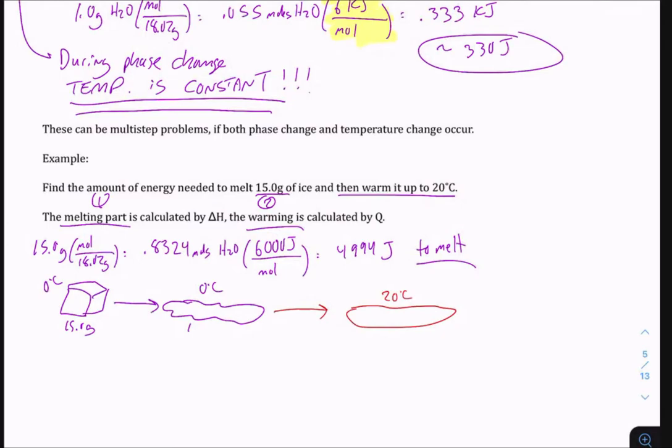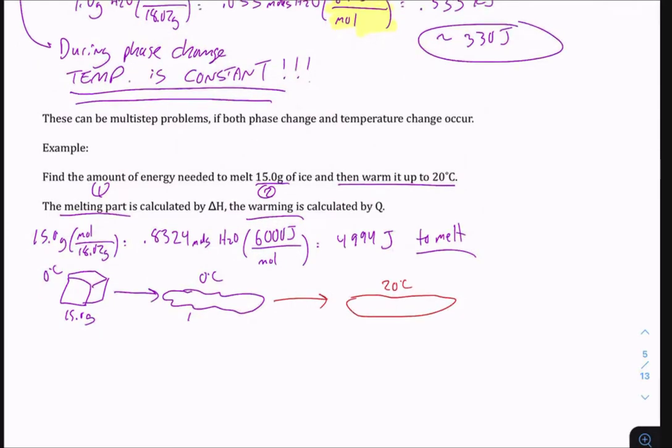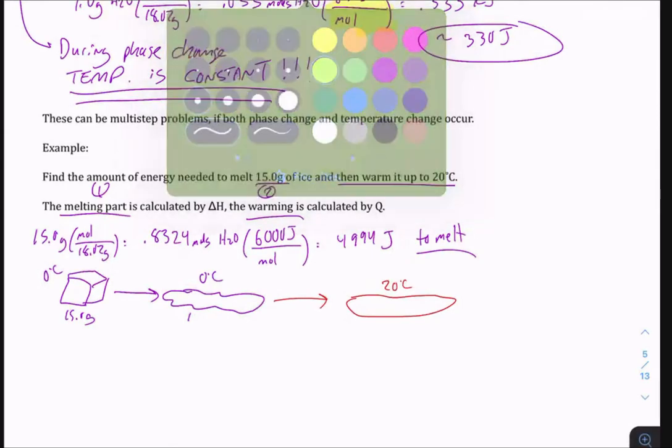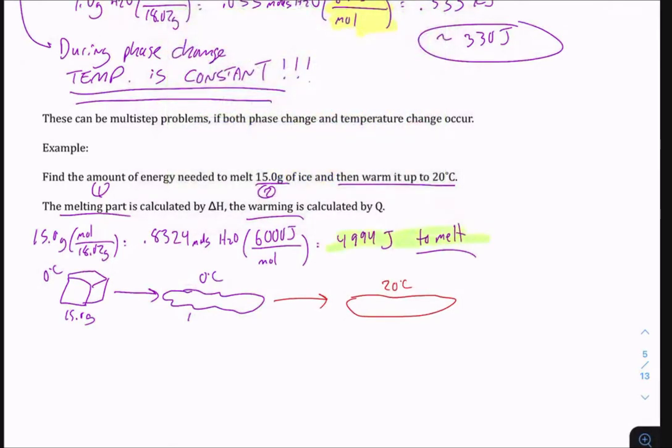If you remember from last week, there's an equation which allows us to calculate how much energy is needed when there's a change in temperature involved. What equation am I talking about? Yeah, Q equals MC delta T. If we were to color code this, this value here represents this process right here.